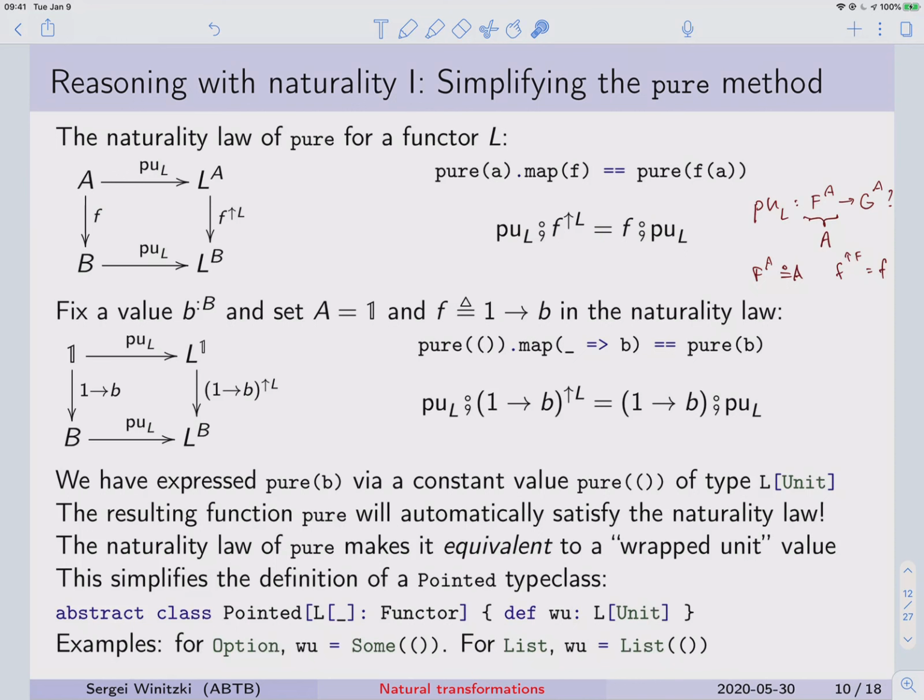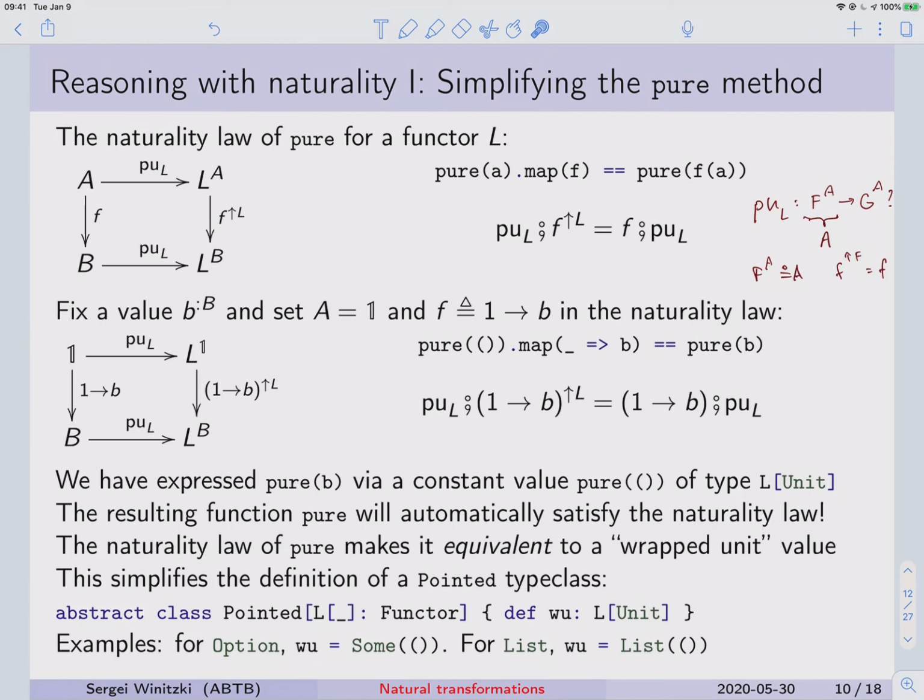the method pure. We can use this law to simplify the pure function, to reduce it to a simpler value. Here is how. We are allowed to use this law for any a and b. So let's set a to be the unit type. Now the unit type is denoted by this 1 with fat lines. The unit type has only one value.